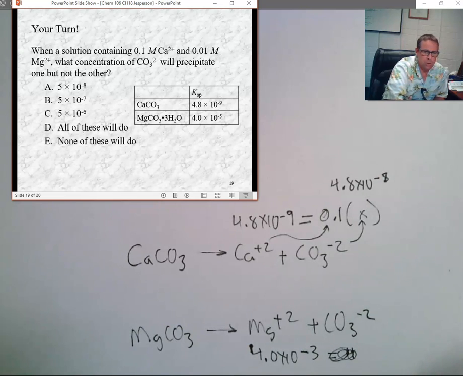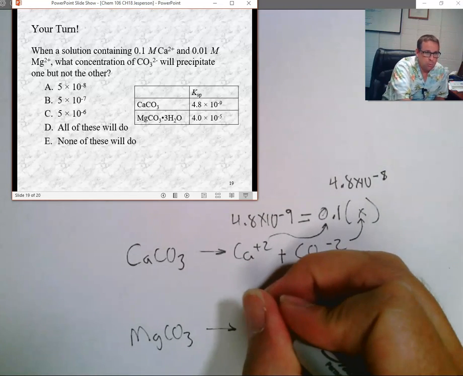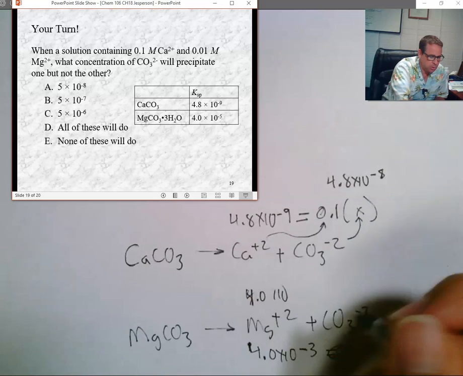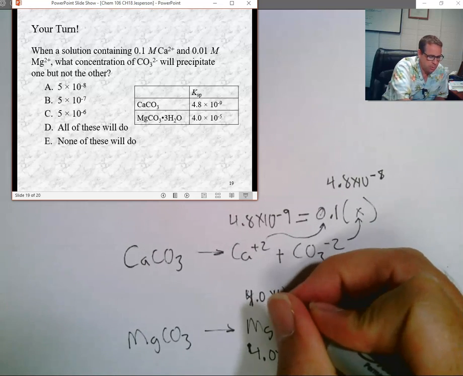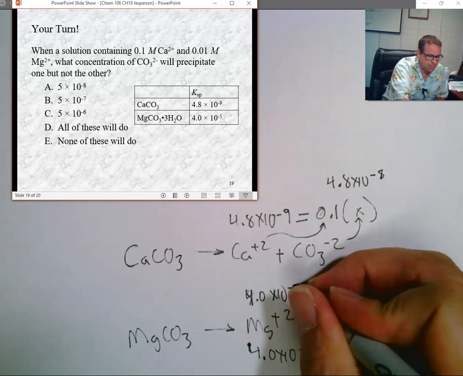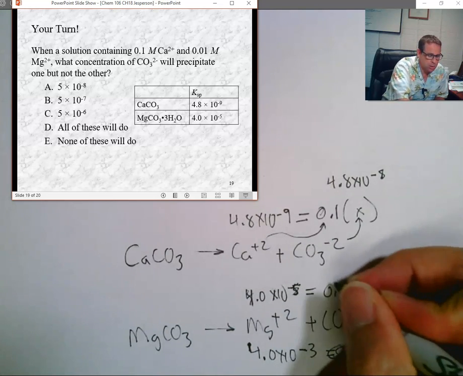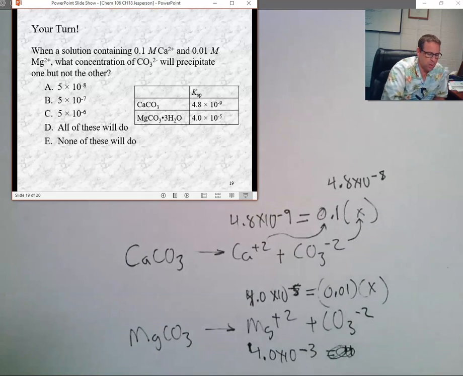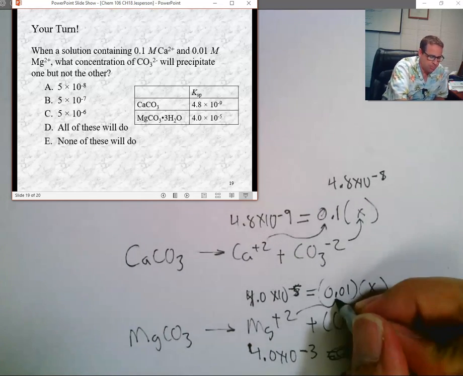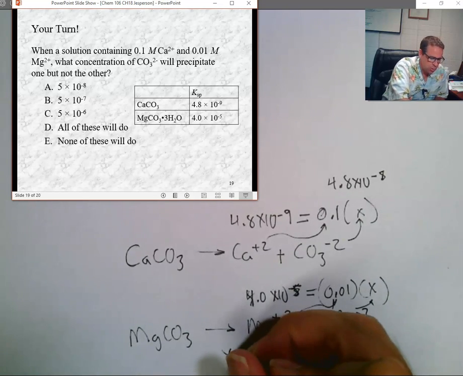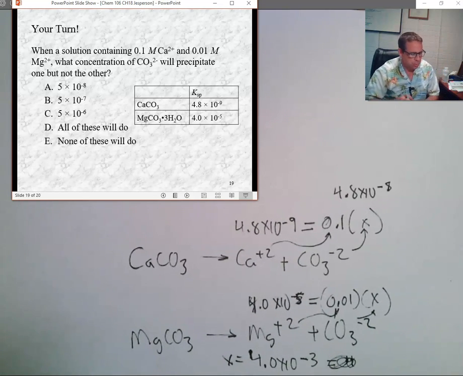Okay, so for this one here, we had 4.0 times 10 to the minus 5. And that's equal to the magnesium ion concentration, 0.01, times an unknown concentration of carbonate. Okay, and you said that X is equal to 4.0 times 10 to the minus 3.